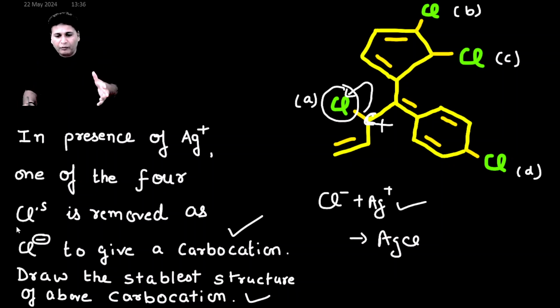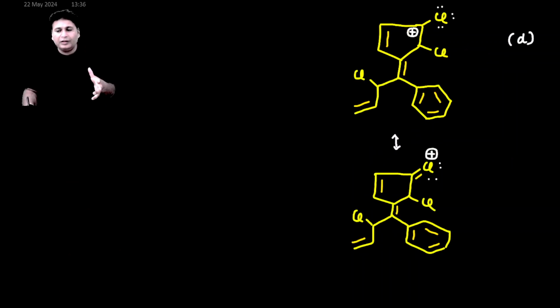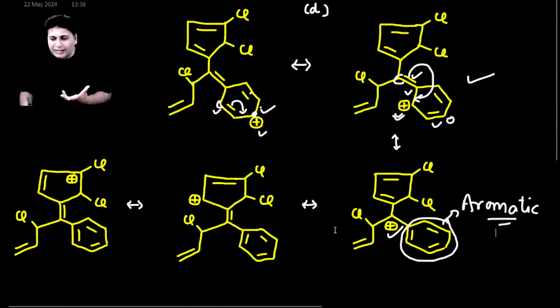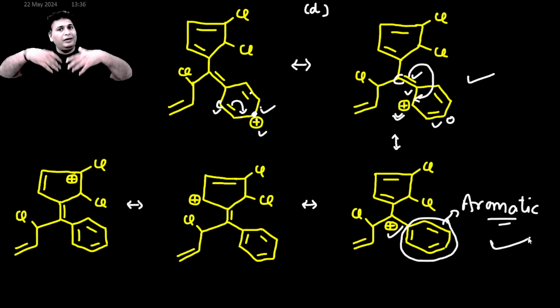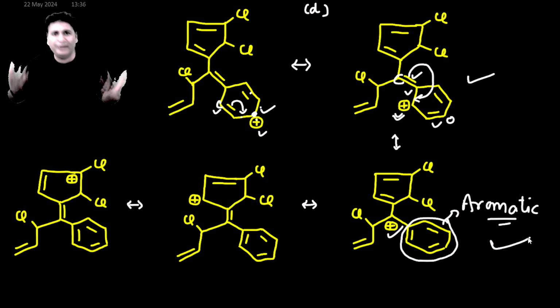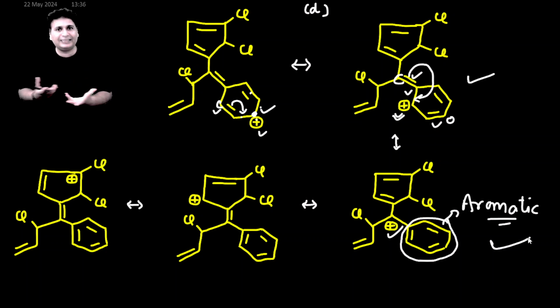Now, once we did the removal of the D number chlorine, we found that something unusual came. Aromatic behavior came. And because of this aromatic behavior, the carbocation will relish this feature much, and it will be very happy because aromaticity has come.